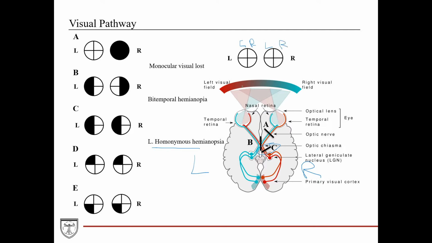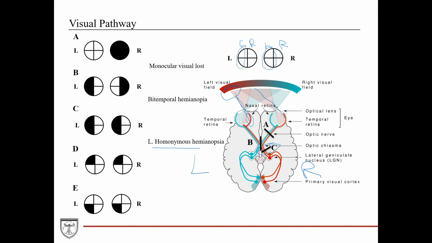What's going to happen is you're having inputs come from both these left sides traveling here, because here you had the nasal retina in red, which is receiving this outer field, and this outer field corresponds to the left side of the left eye. So that's traveling here with the red, and then we just follow the red here. This is taking inputs from the left visual field for the right eye.